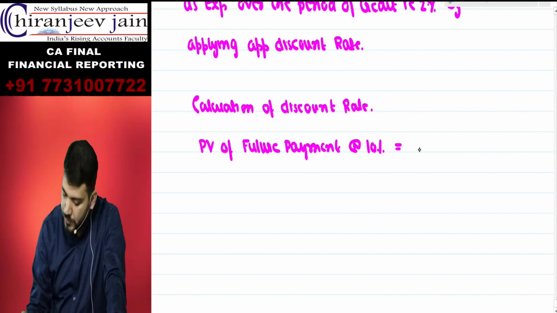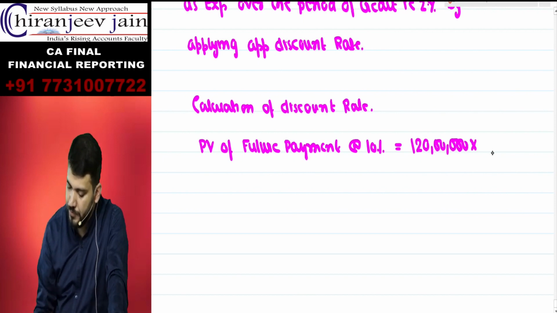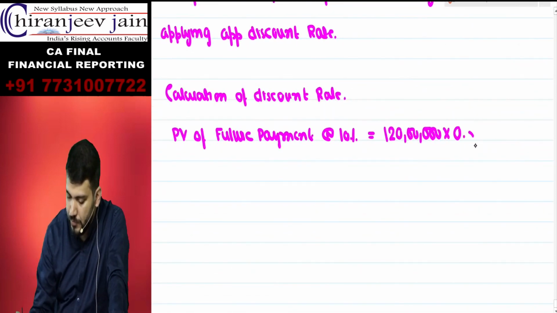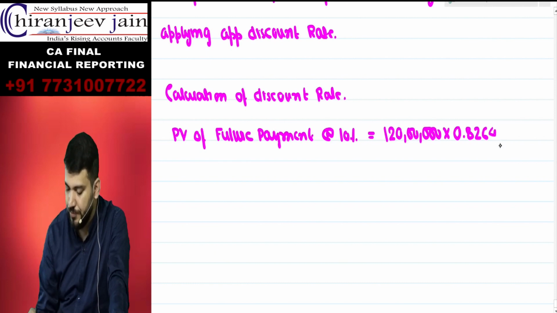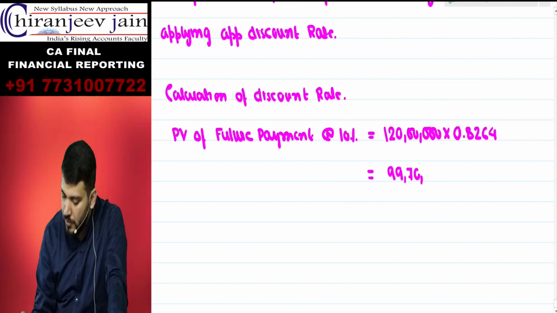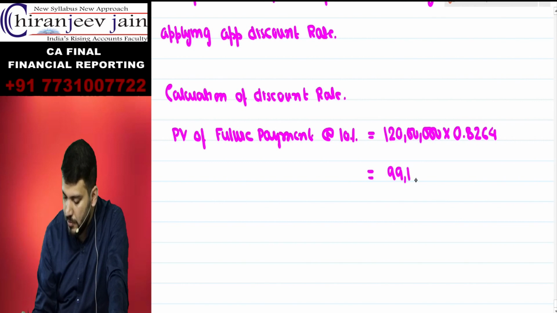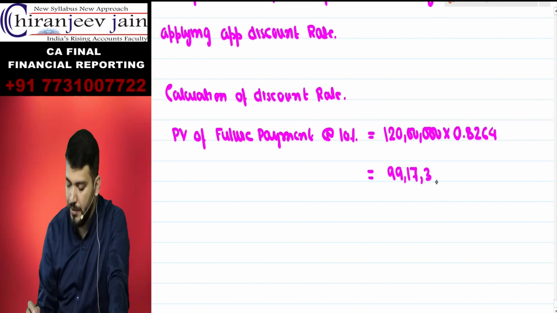1 crore 20 lakh multiplied by what? 0.8264 na? 8264. Batao, how much? 99 lakh 70,000, 17,355.